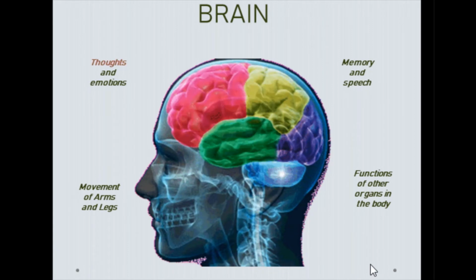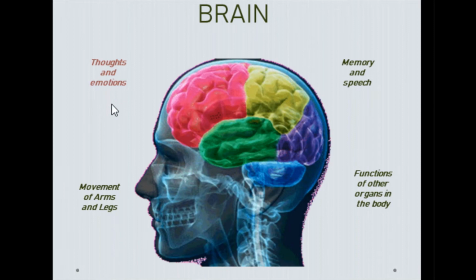First, thoughts and emotions. The brain helps us to feel different kinds of emotions, and it allows us to think of whatever we can think of.